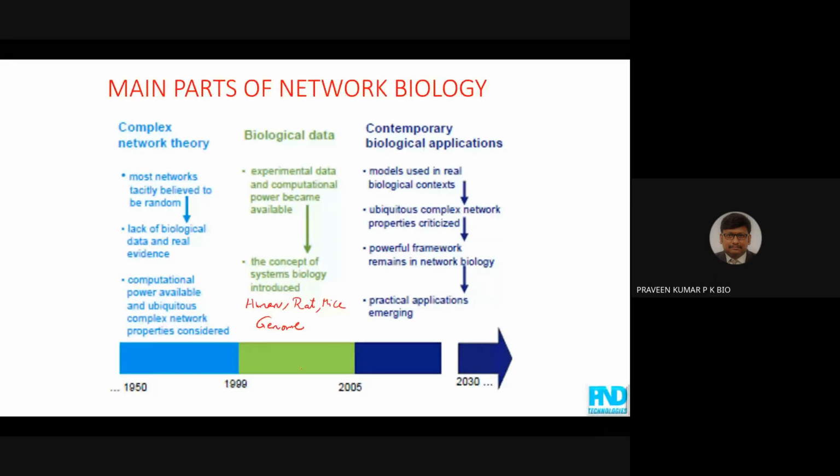So everything was published around 2005. And after 2005, whatever biological data we got in the form of genomes, the scientists started exploring the proteomes. The proteome research is still happening, and the genome project did not end in 2005.